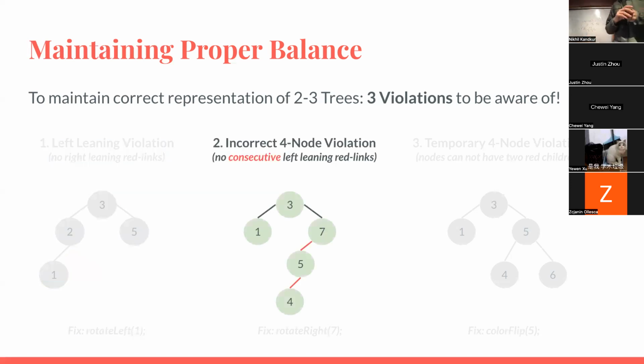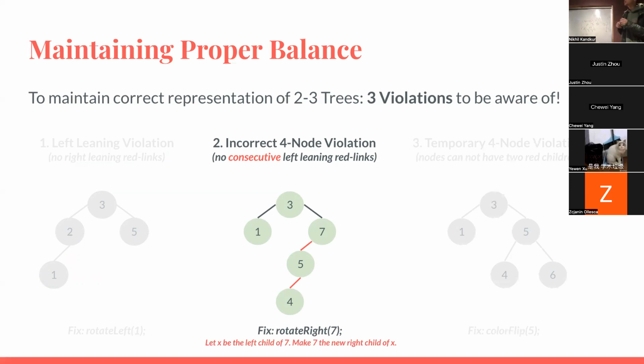The second violation is going to be the incorrect 4 node. Pretty much, we can't have consecutive left leaning red links, right? Because what this means is the node is overstuffed. In the 2-3 tree representation, this node has 3 values. So when we hit these 2 consecutive left leaning red links, we say, okay, we can't do this anymore. So to fix this, we do rotate right.